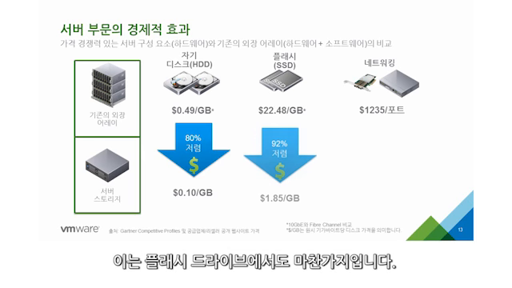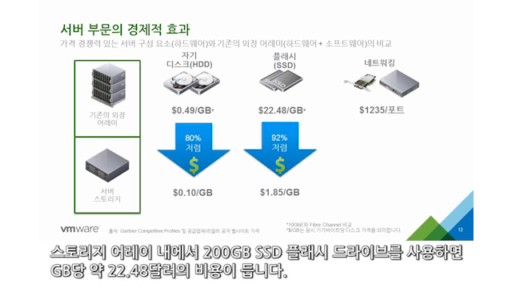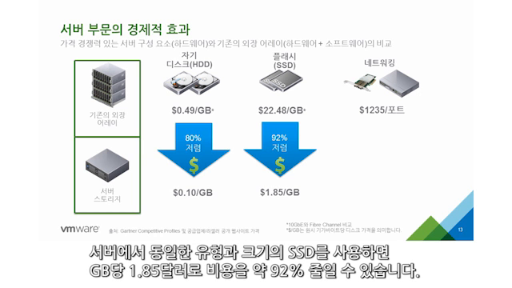Same goes for flash drives. We used a 200 gigabyte SSD flash drive inside the storage array. Looking at the dollars per gigabyte, it came out to about $22.48. Placing the same type and size of SSD in a server will cost you about 92% less, at $1.85 per gigabyte.